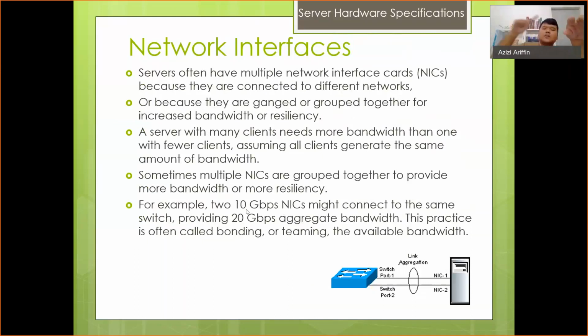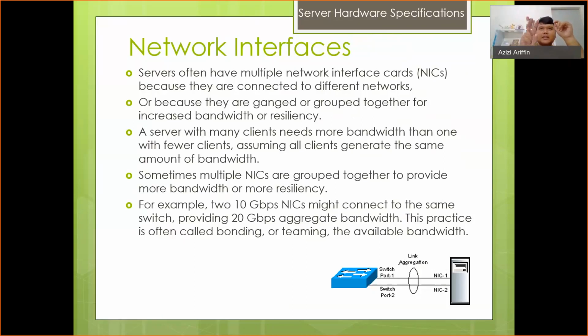In order to provide redundancy, or maybe to increase the bandwidth, we can gang them together. I mean, we can combine both physical interfaces into one logical interface using what we call bonding, right? So 10 gig plus 10 gig, we have 20 gig on one interface instead of two interfaces.